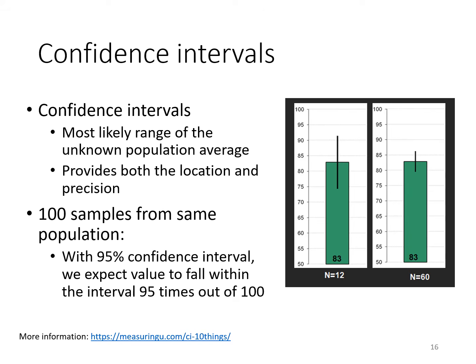In the case on the left, 12 students take an exam. In the case on the right, 60 students take the exam. The only difference is the sample size. And even though they show the same location, the 83%, the one on the right has a larger sample size and it has a smaller confidence interval.